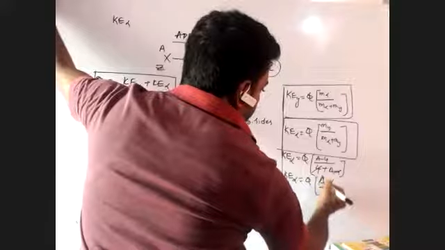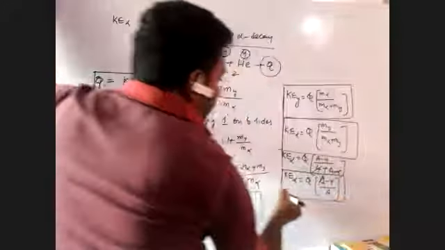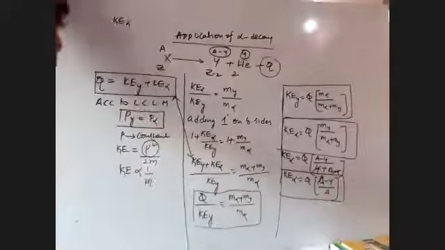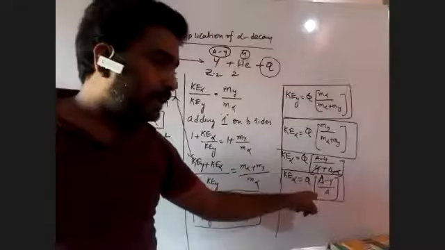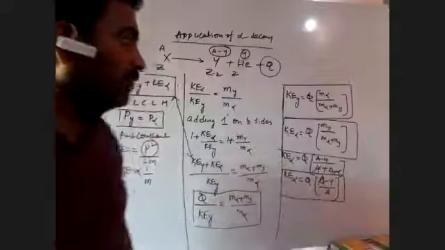So what you observed here is, if you know the parent element mass number, you can find out the kinetic energy of the alpha particle.